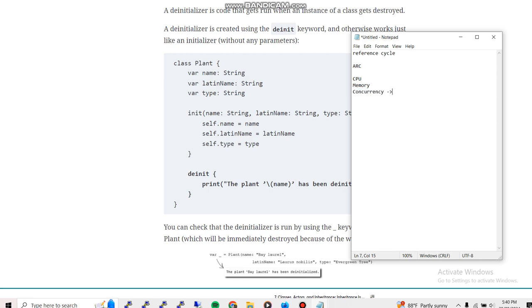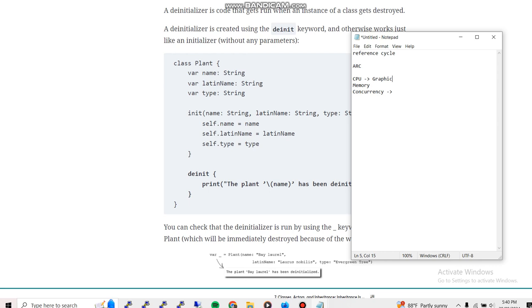When we have a problem with CPU, we can check our graphics, the way we handle our method and the way we act.